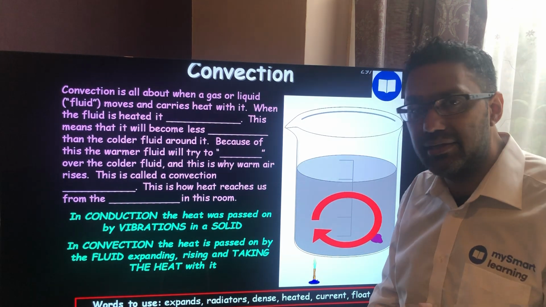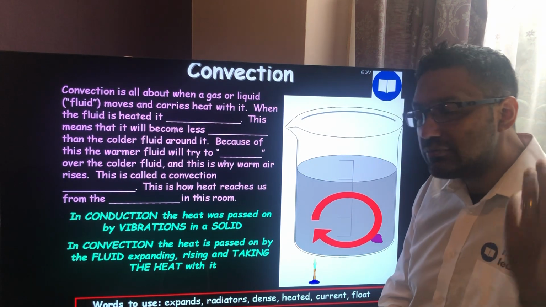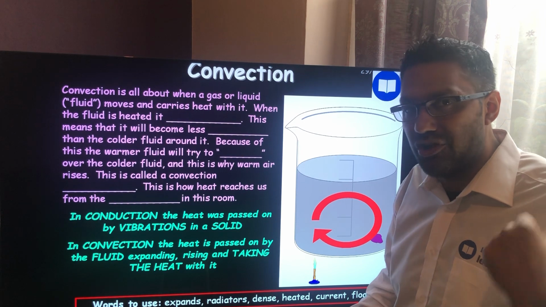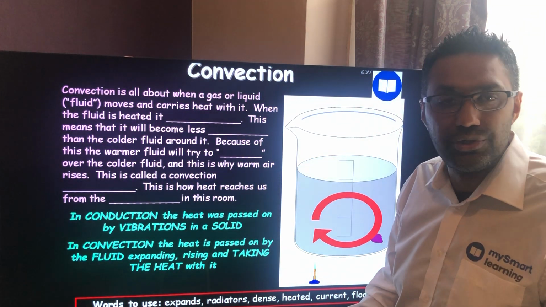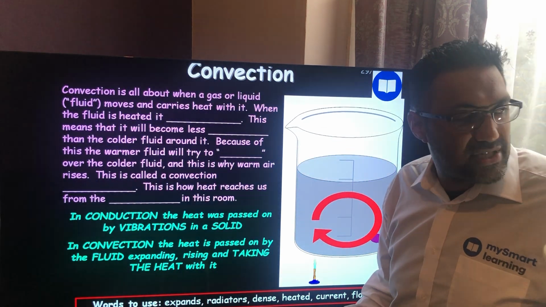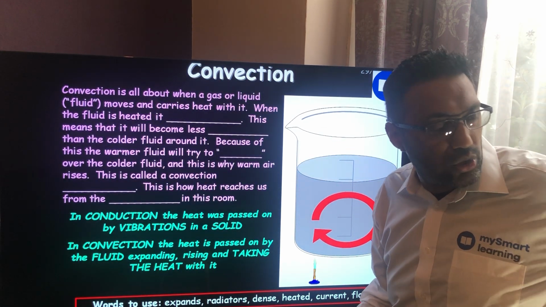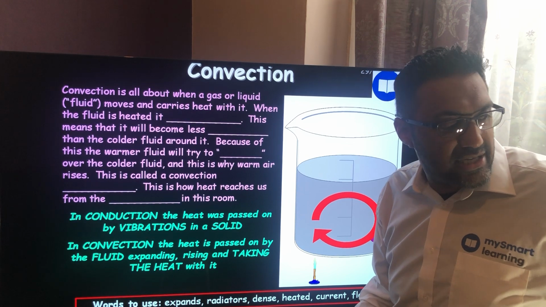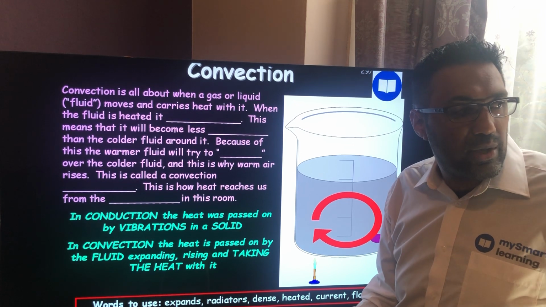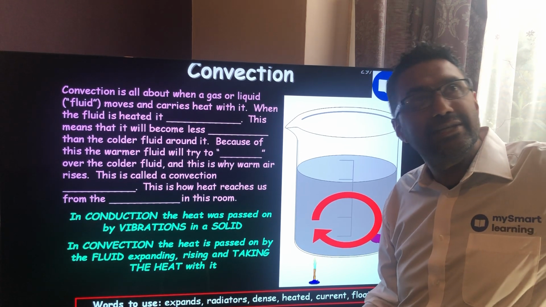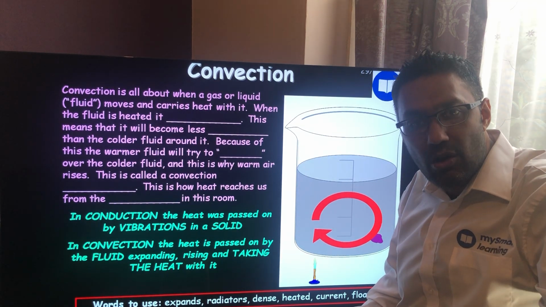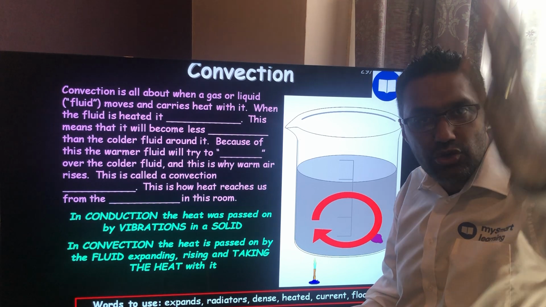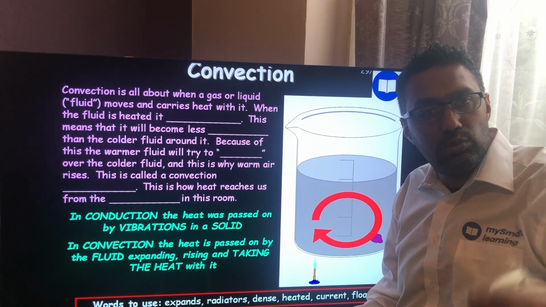And it's the same thing in my living room here. Obviously the radiator's not on now because it's been the hottest April on record or something, or the sunniest April on record. But if it was winter, what would happen is the cold air near the radiator will warm up, it will start to rise, go across to the ceiling, move across the room, and then sink on the colder side, and eventually you'll get this circular motion of the air, and eventually the whole room will warm up.